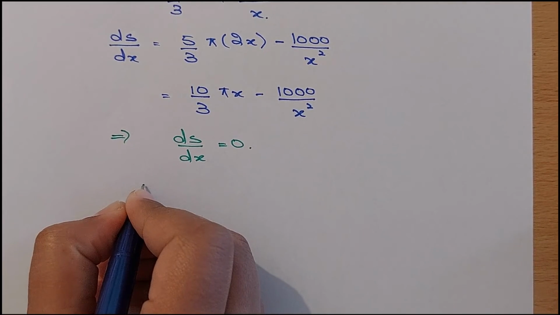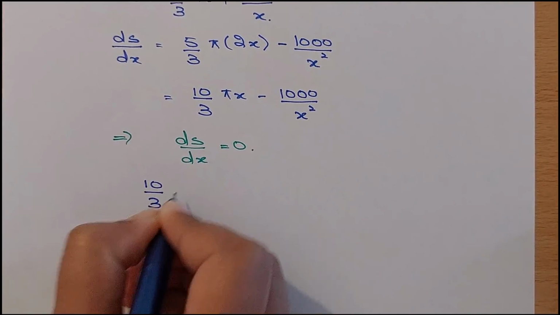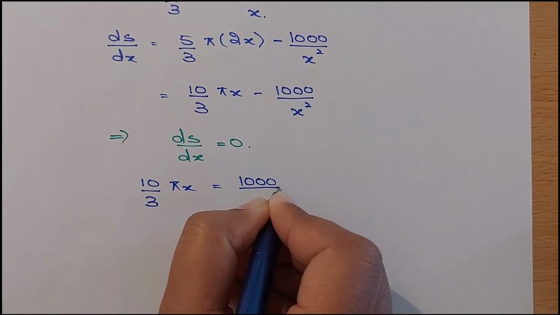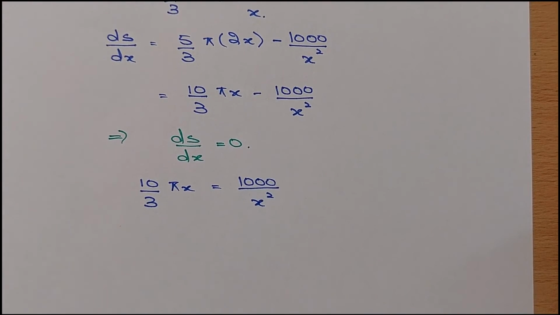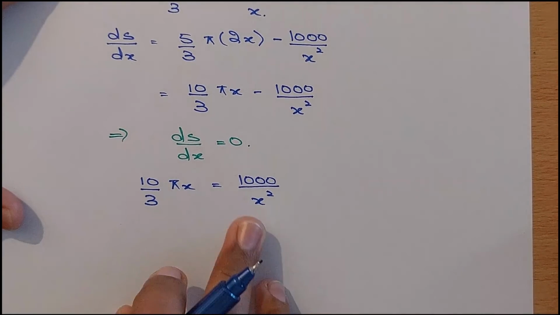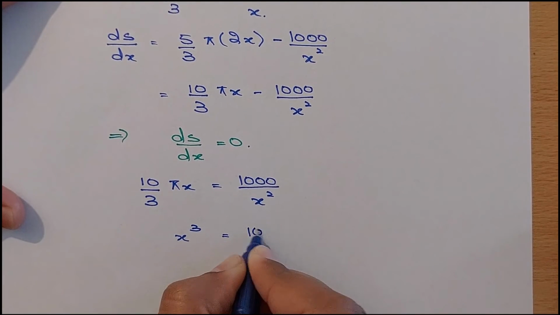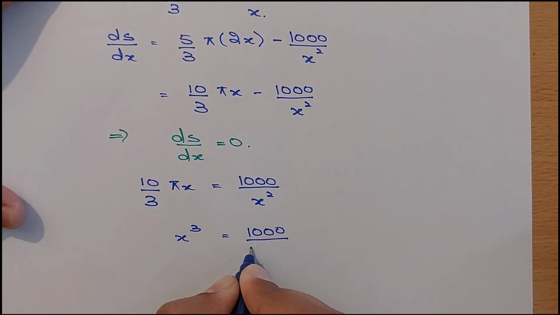So let me solve for x. This is 10 over 3 pi x equals 1000 over x square. Now let's do a cross multiplication. This is multiplying here, so this is x cube, and we have 1000 divided by 10 pi by 3.